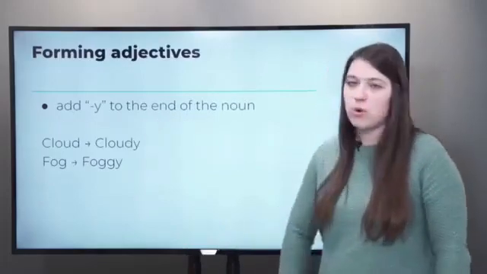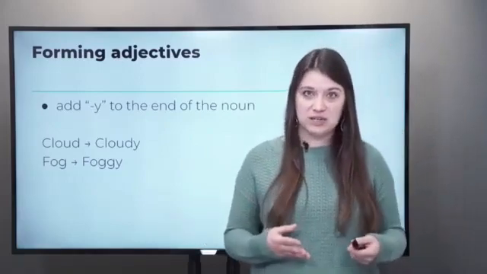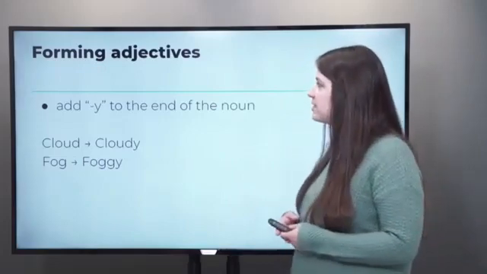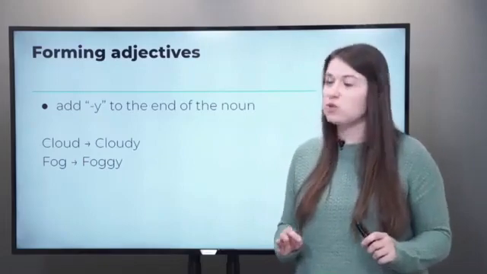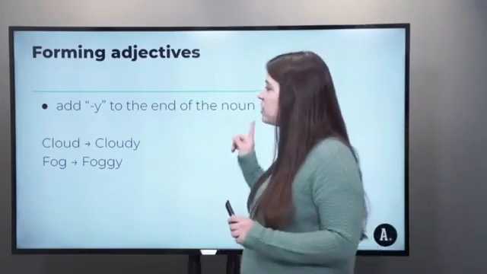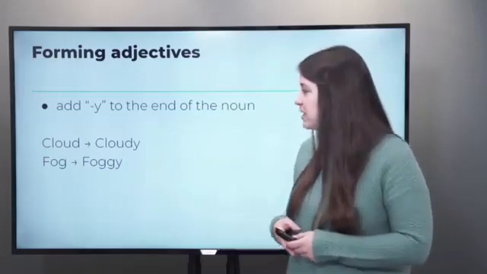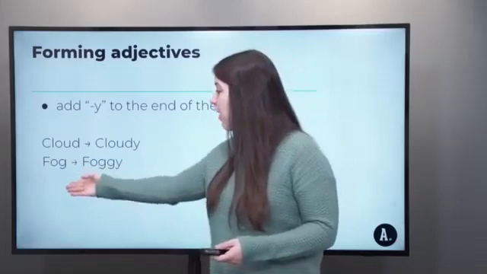Now we're going to go more into depth. How do we form adjectives from these basic nouns to talk about climate change? In many cases, not all, but as a basic rule, you can add a Y to the end of the noun to form the adjective. This is the case in cloud, cloudy would be the adjective, fog, foggy.